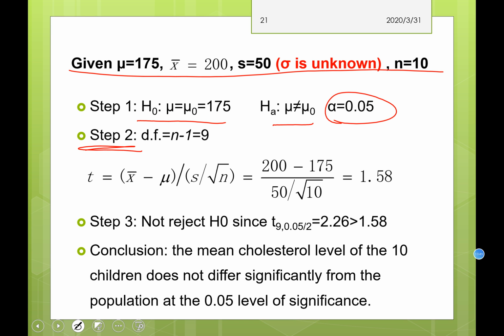In step 2, we need to calculate the test statistic. And this method is t-test, so we need to calculate the t value. But the first thing, when we are talking about the t value, that means the number should follow t distribution.